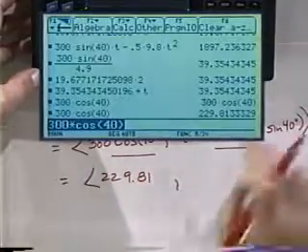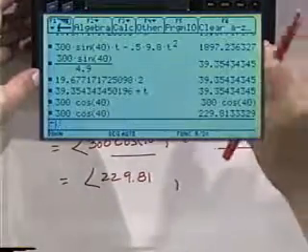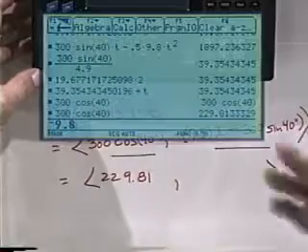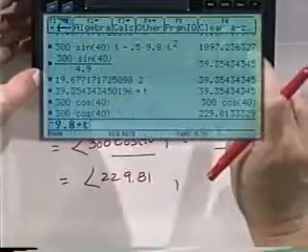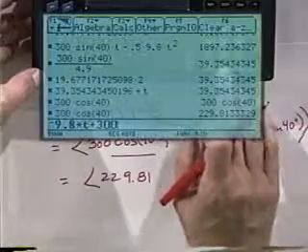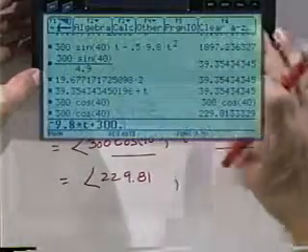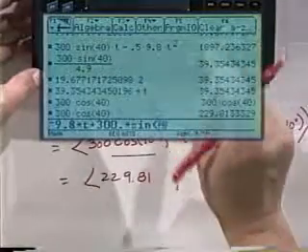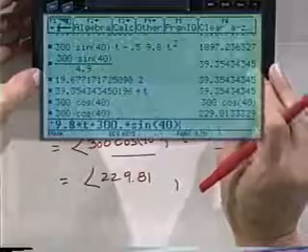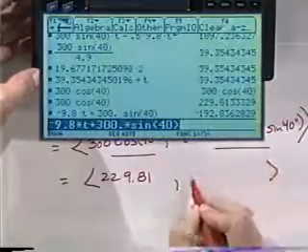To get the y component, I'm going to go negative 9.8. Now I stored the time as t, so I'm just going to go times t plus 300, and I'm going to put a decimal point in the 300 because in the TI-92, if you put a decimal, it gives your answer as a decimal, times sine of 40. And I get negative 192.84.